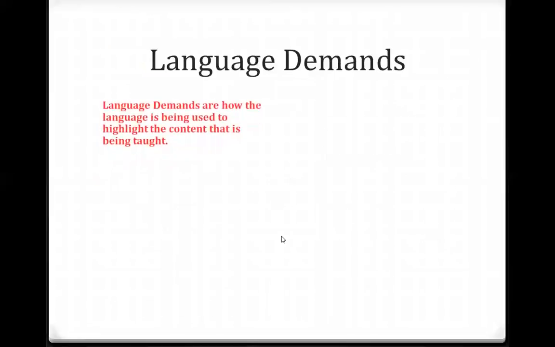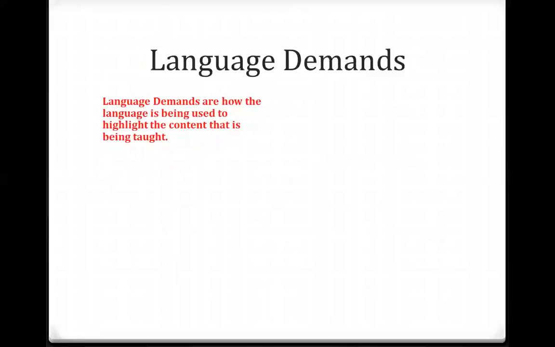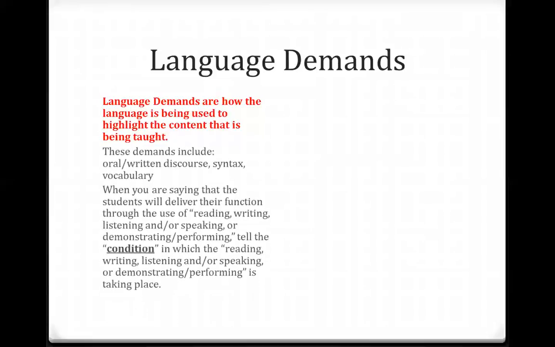Language demands. Well, what are language demands? If the function is the main idea of the lesson and how the language is being used, those demands are how we actually use the language in context to the content that's being taught. Those include those oral and written structures, which we call discourse. It includes syntax, which we'll get to in just a moment, as well as the vocabulary words.